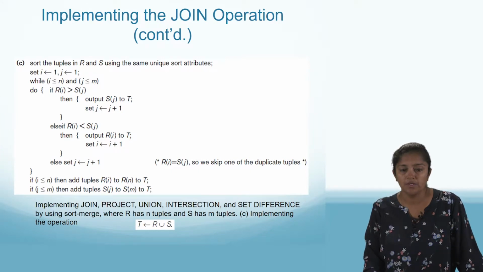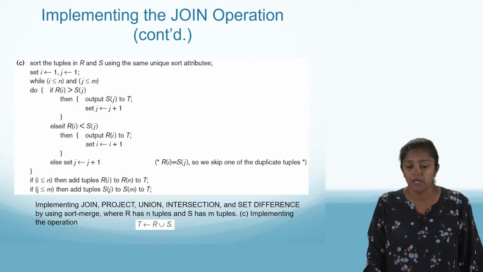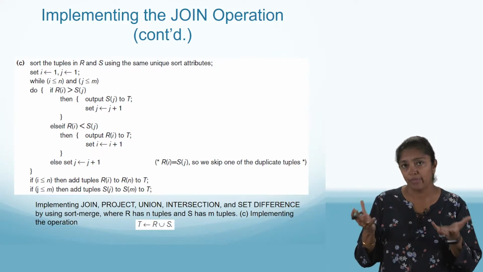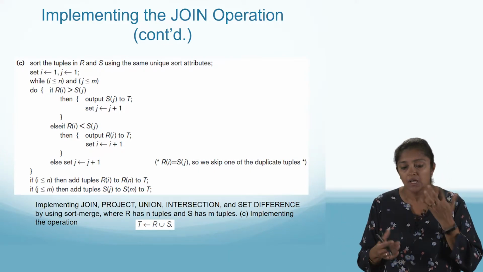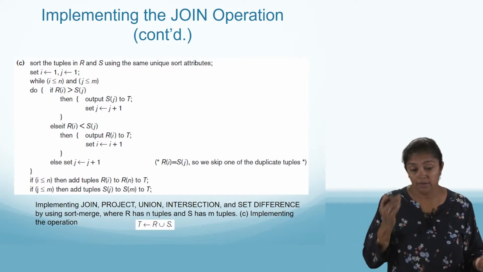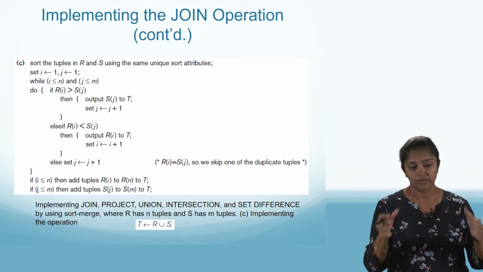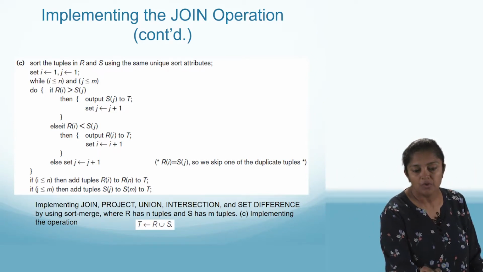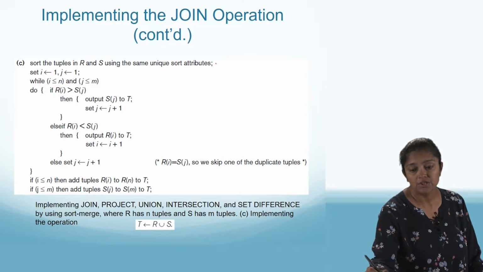A third one that you see over here is the algorithm for union. In the union operation, you want to combine two relations R and S. This involves bringing the tuples from both of the relations into one. Again, just like in join, first both R and S are sorted.